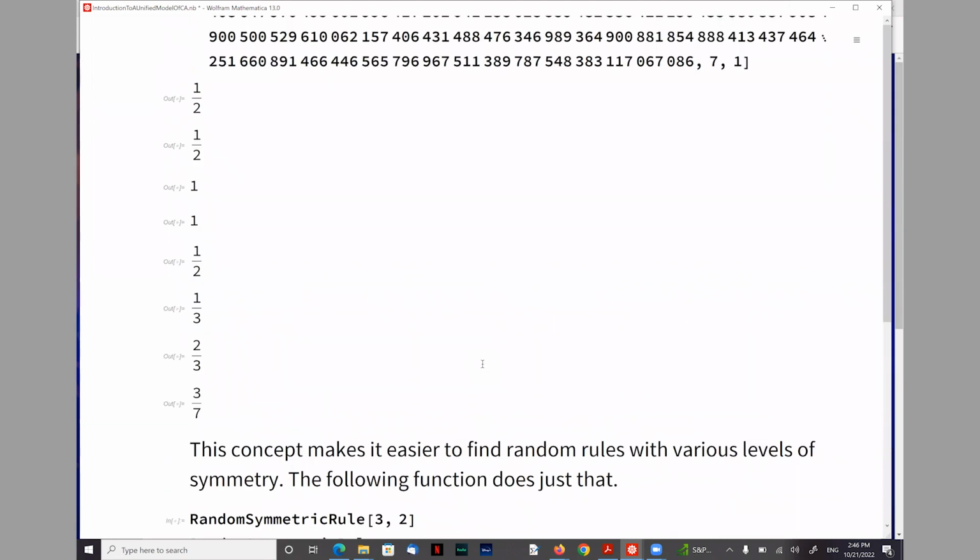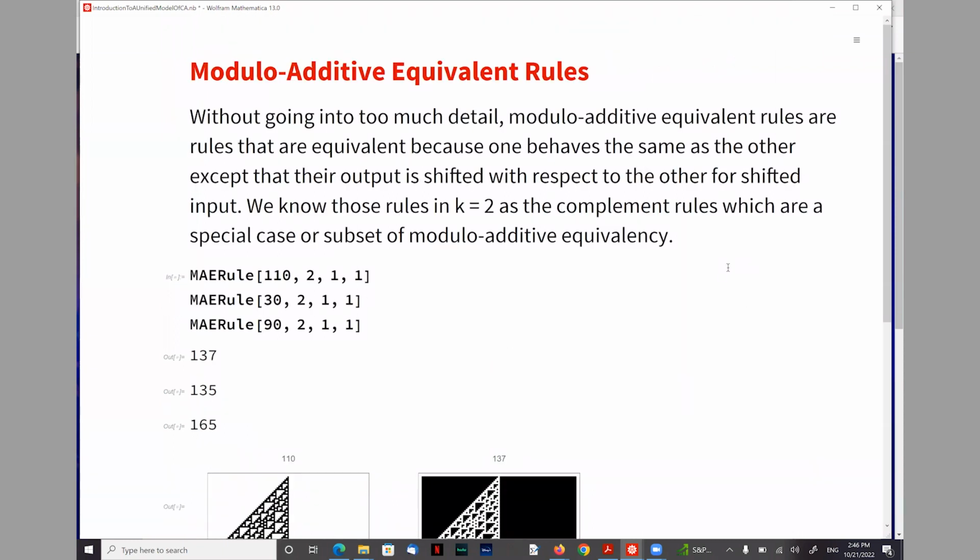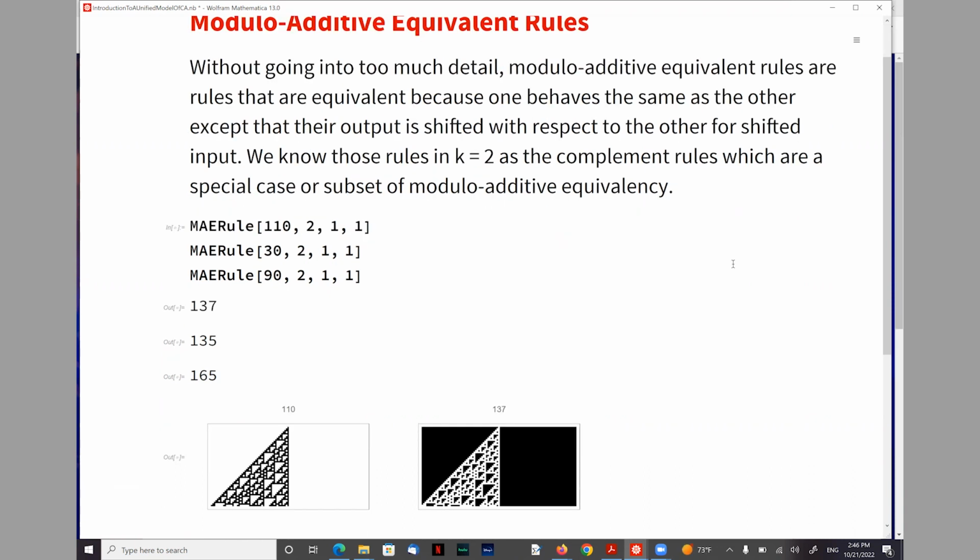Okay. So there is something also that I found. I'm not going to go into the details for this, but there is a way that you find equivalency between 2 different rules, and these 2 rules are actually equivalent to each other, except that they are shifted, right?